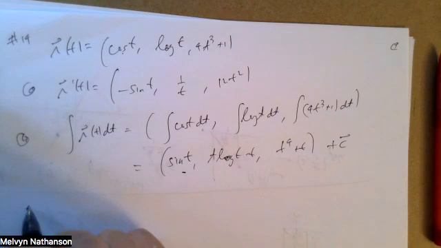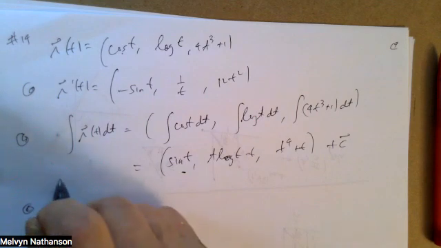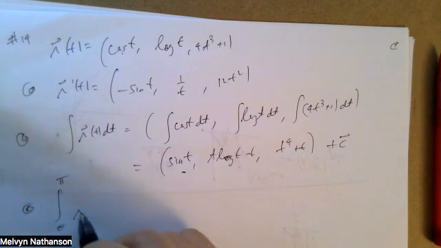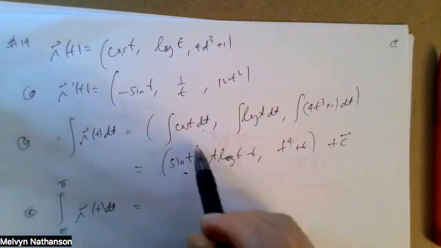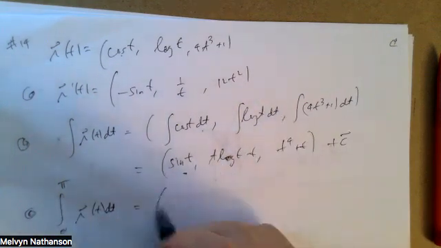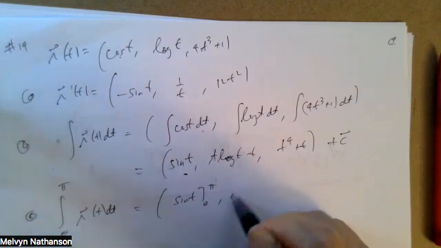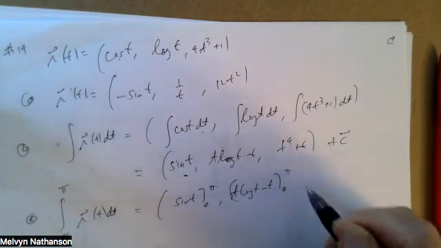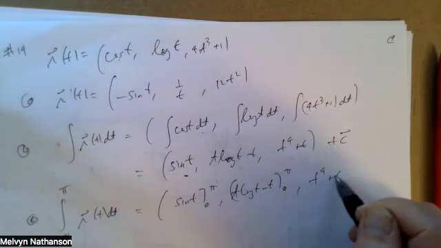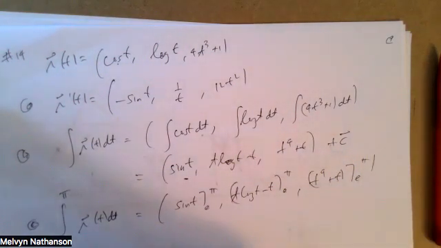And if you want to find the integral from e to pi of R of t dt, we're just integrating each of these functions from e to pi. So this would be sine t evaluated from e to pi, t log t minus t evaluated from e to pi, t to the fourth plus t evaluated from e to pi. So you get some algebraically messy thing.